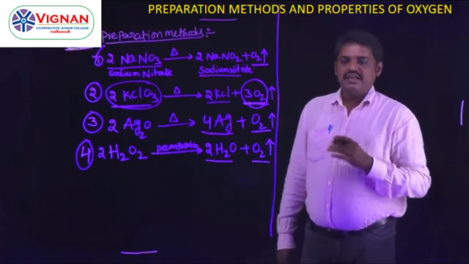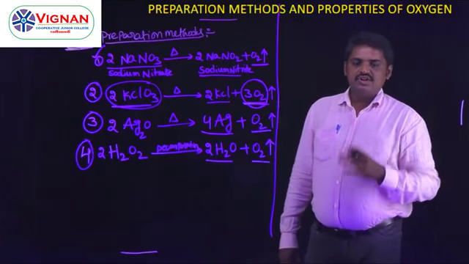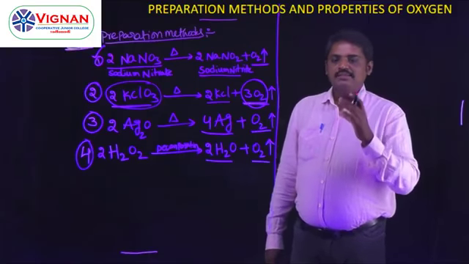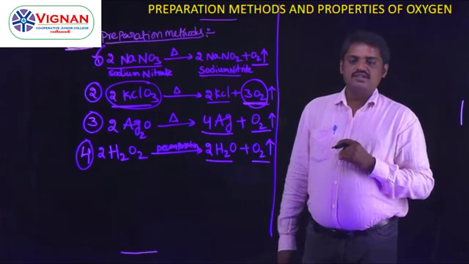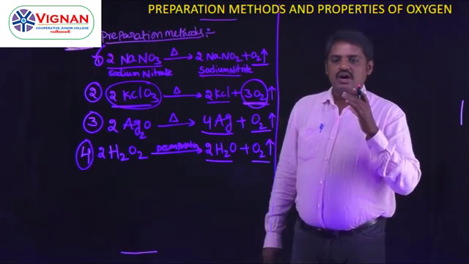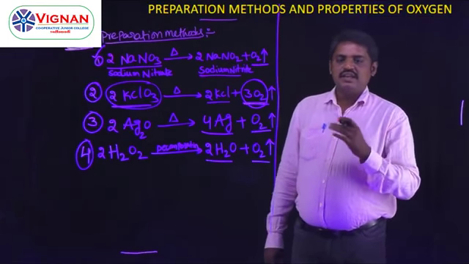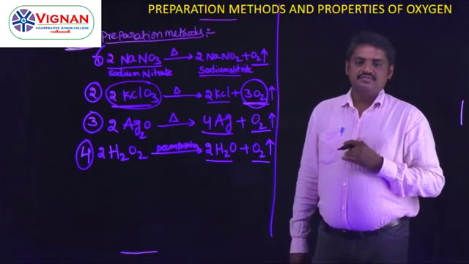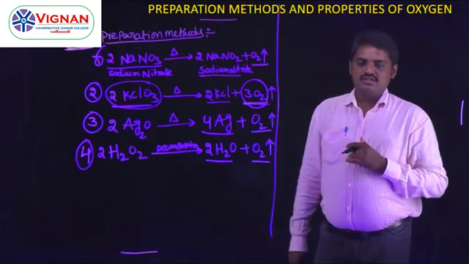Dioxygen dissolves in water, for example, 3.1 cm cube volume of oxygen dissolves in 100 ml of water. This oxygen is known as dissolved oxygen.